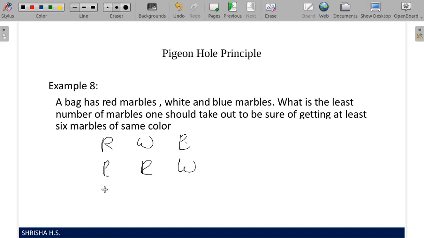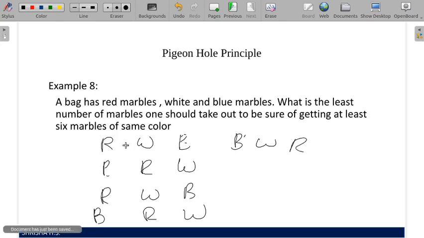Again I pick and get red, white and blue. Again I pick, and 3 reds have happened in the worst case. Next blue, red, white. So 1, 2, 3, 4. Next pick, something random again, blue, white, red. Now see here, there are a total of 15 picks.